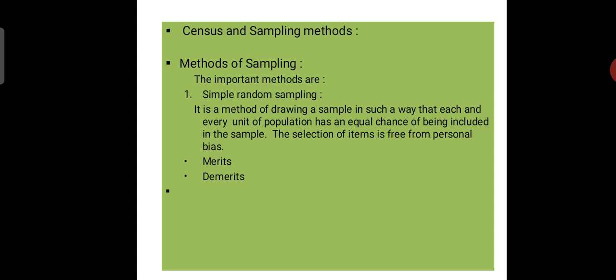A series of random numbers between 1 and n is then drawn either by means of a table of random numbers or by placing the numbers 1 to n in a bowl and mixing thoroughly, that is, by the lottery method.